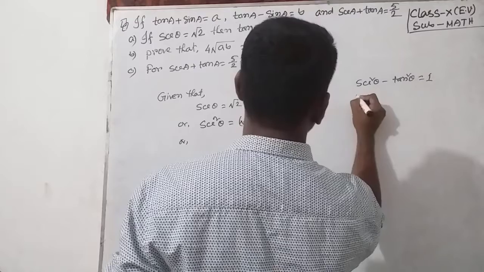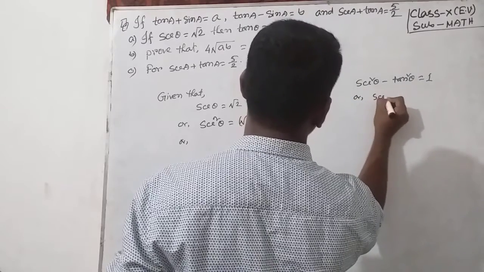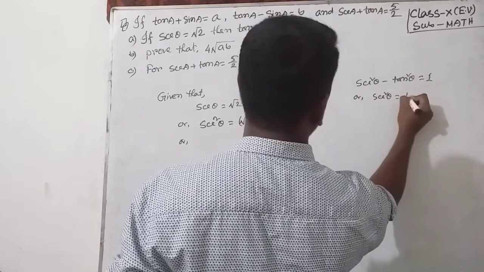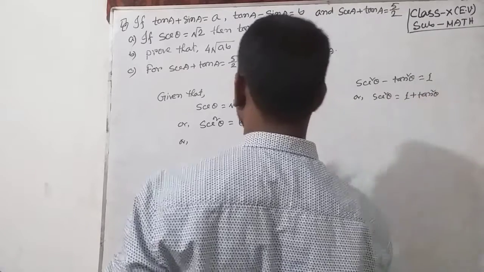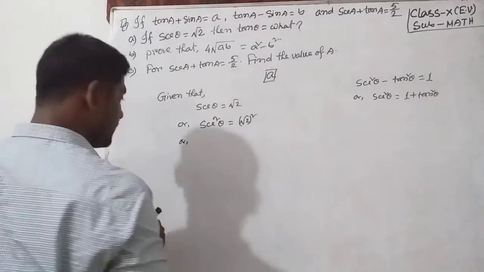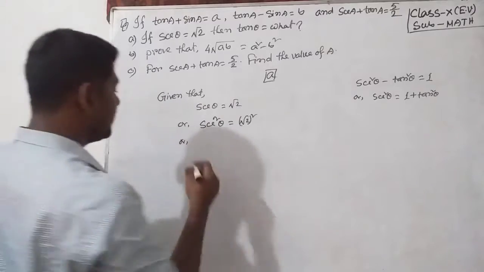So we can write sec square theta equals 1 plus tan square theta.